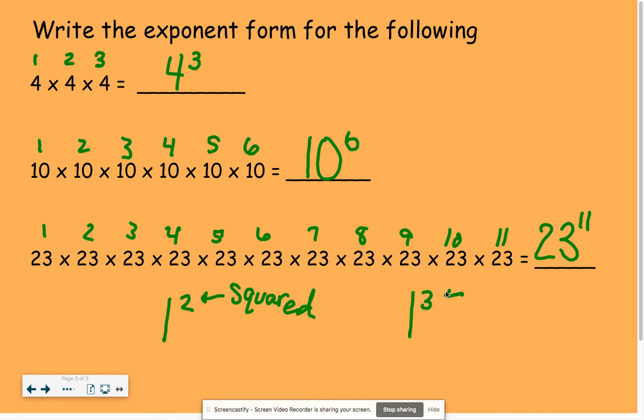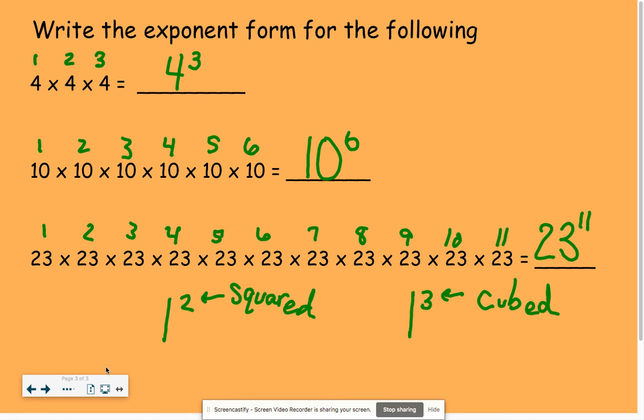This one we say is cubed. All the rest of the numbers above, we just say to the power of. So in this case, it's 4 cubed. Here it's 10 to the 6th power, or 23 to the 11th power.